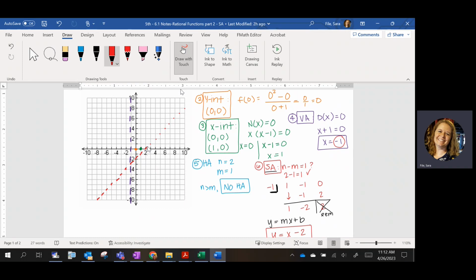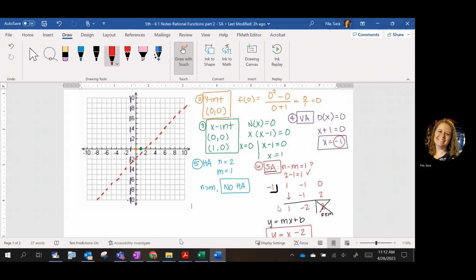The whole point of the slant and horizontal asymptotes are to guide your end behavior. End behavior is the left and right hand ends of your graph, right? That's what the slant asymptote is there to do, to guide the ends of your graph on where they're supposed to be going and like at how steep that should be. A horizontal asymptote would be the same thing.